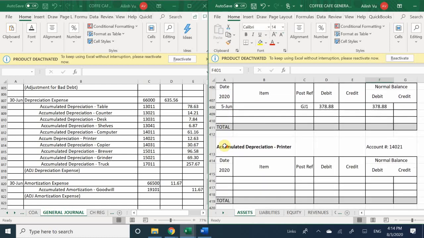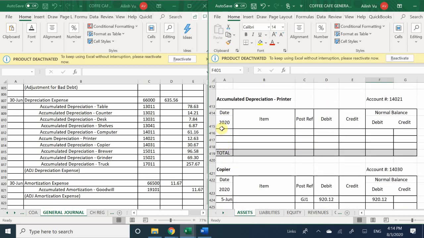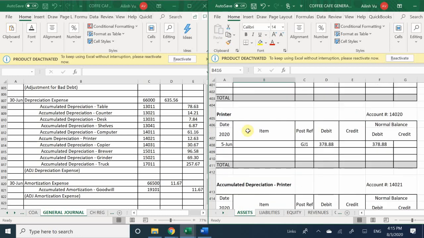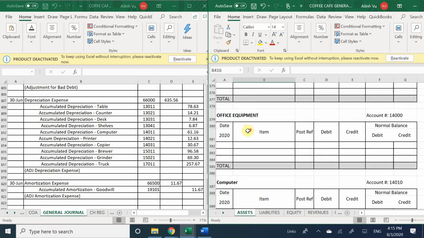In our journal, we have this under the credit column. But in our ledger, we're posting it in our debit column. Oh, you are so right.